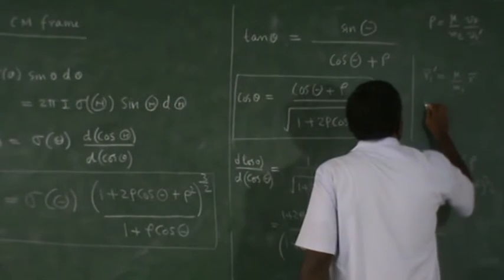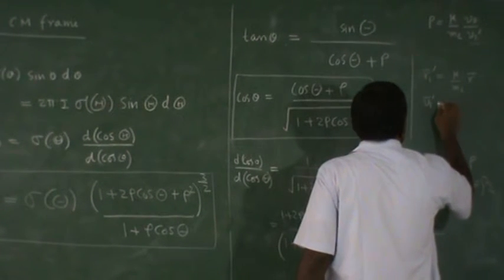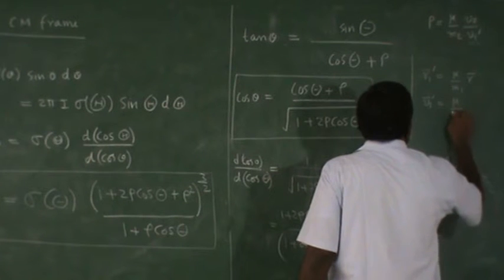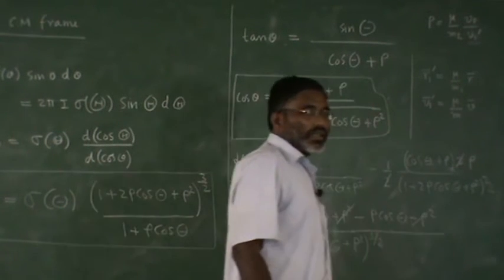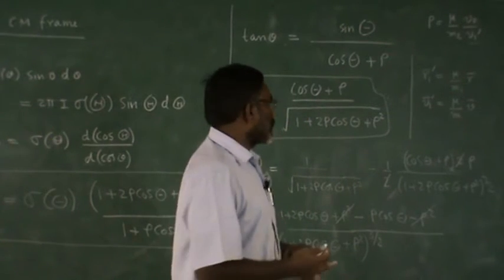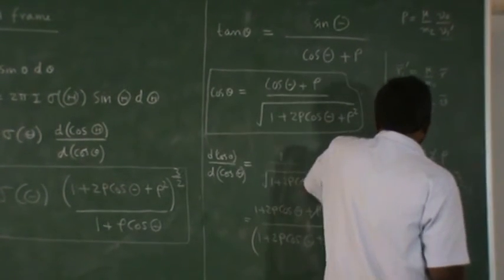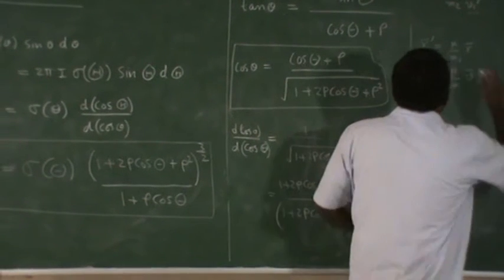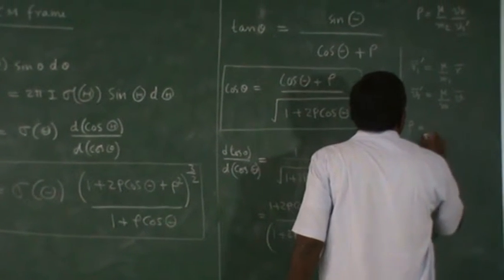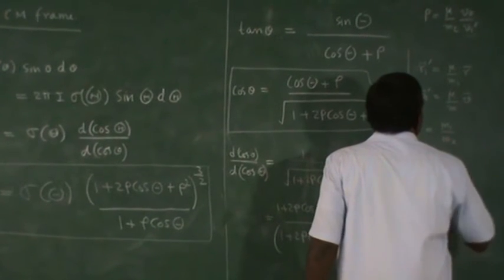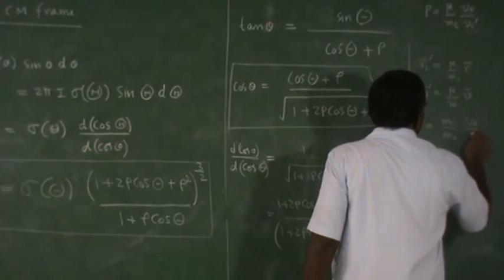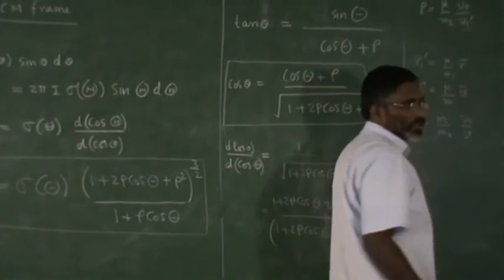So then you can write v1 prime is same as mu by m1 into v, where v is the relative velocity of the system. Now from here we can immediately write down that rho is equal to m1 by m2 into V naught by V, where V is the relative velocity.